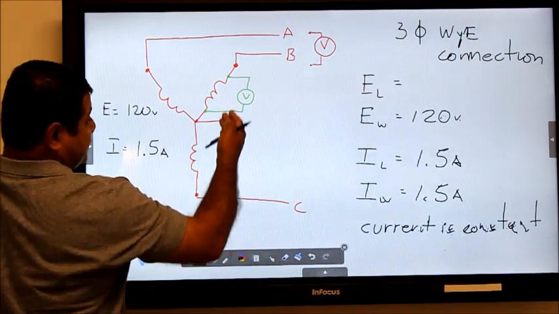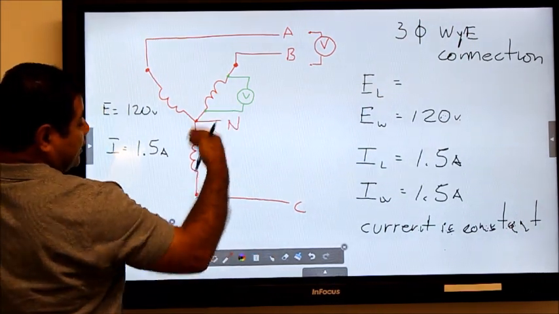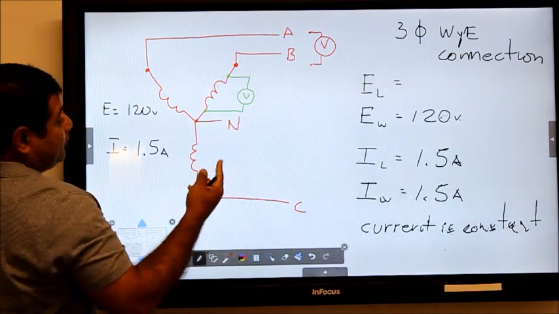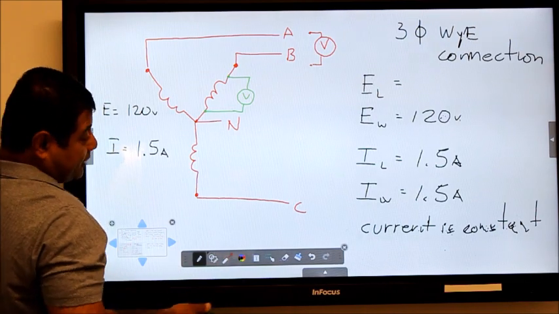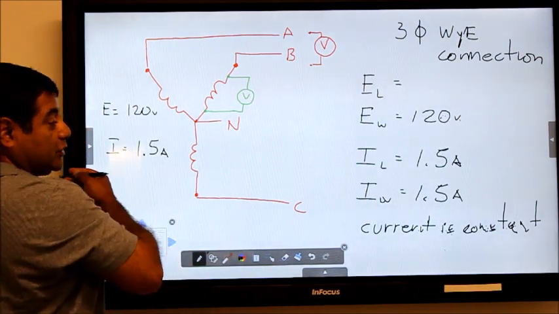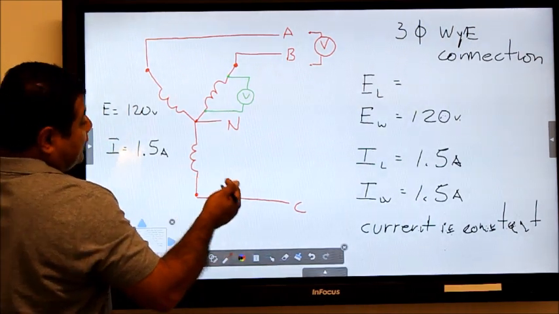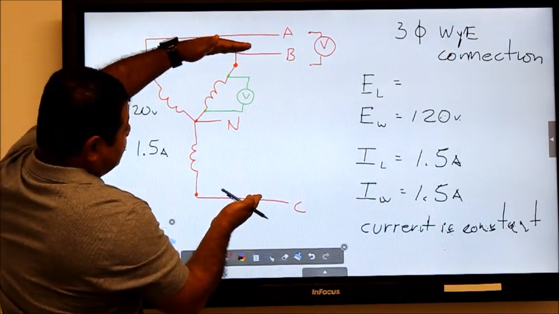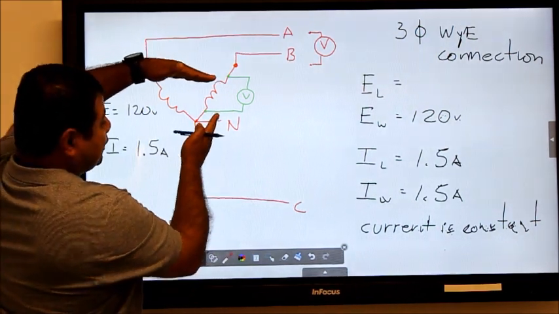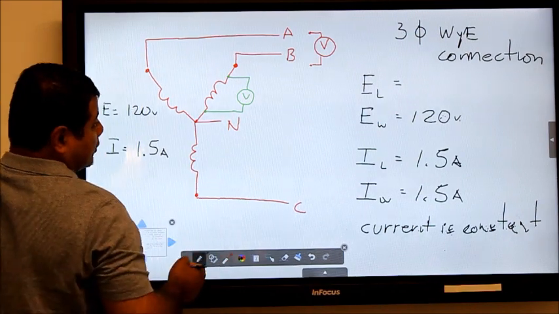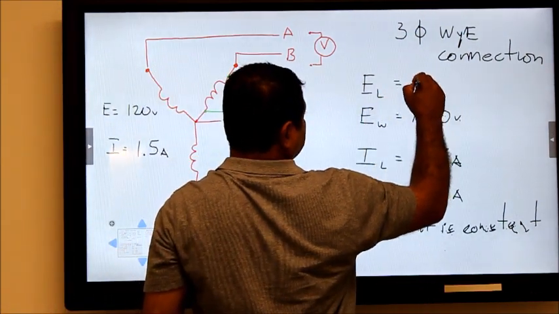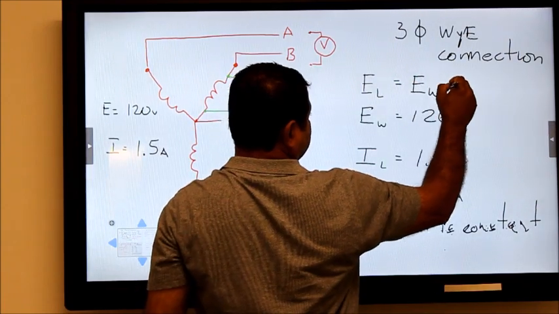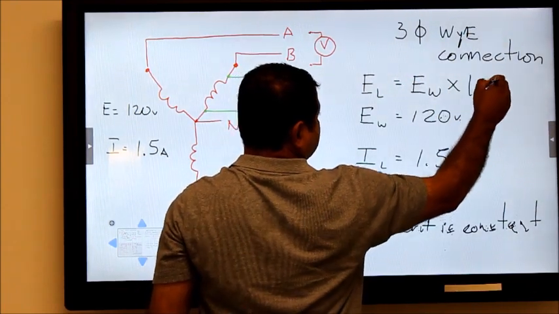Of course, you don't add these linearly, you add them vectorially because they're 120 degrees out of phase. So the same thing that happened with the delta connection and the current happens here. The line voltage is 1.73 times bigger than the winding voltage. So the line voltage is equal to the voltage of the winding times 1.73.